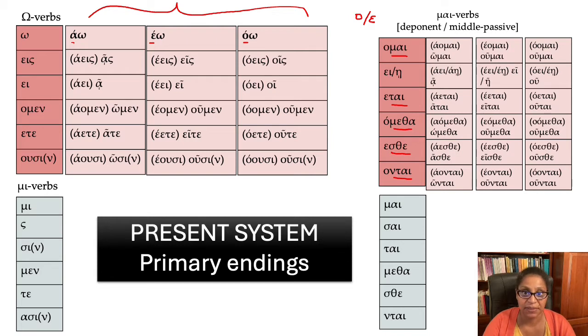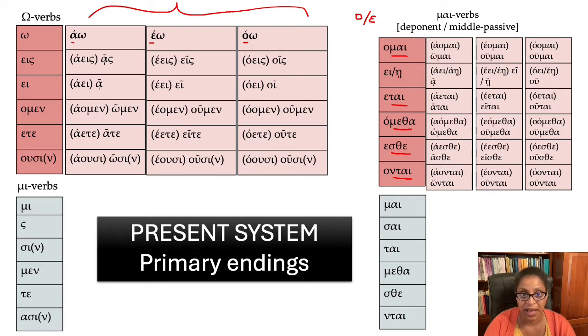Okay, same thing happens in the middle. So the middle endings are mai, e, etai, ometha, esthe, ontai. And the thing here is that you're putting on this vowel to glue the ending on, the mai ending on. And so this omai ending is going to interact with the vowel if it's an alpha contract or epsilon contract or omicron contract.